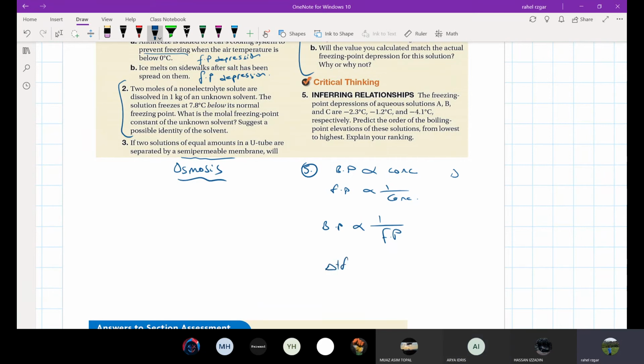So delta TF and delta TB are directly proportional, the deltas. That's all we need.